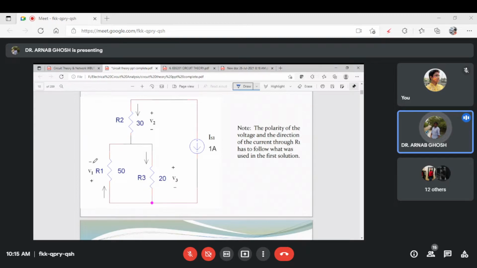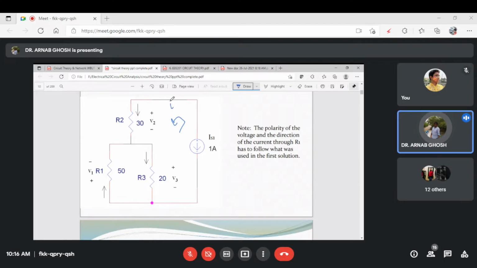This is the voltage terminal, the polarity of the voltage V1, and this will be the polarity of the voltage across R3. And second thing, you look at this. The current through this is I2.